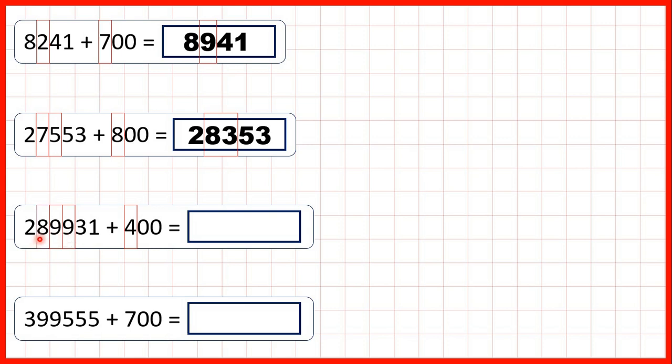So we need to go to the left again and highlight our 10,000s digit as well. That means we have 899 plus 4. That's 903, so we're going to have a 9, a 0 and a 3 instead of these digits that we've highlighted. Our other digits will stay the same, so we get 290,331.